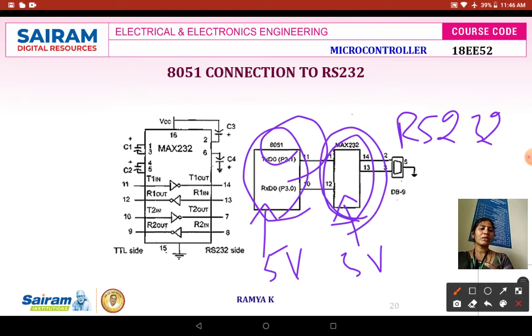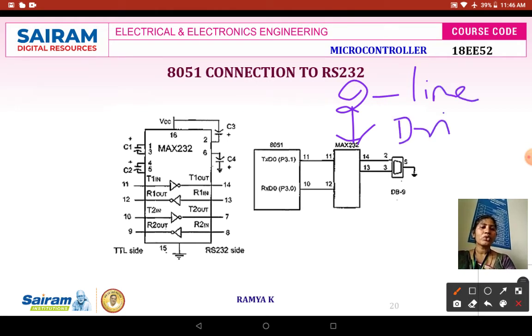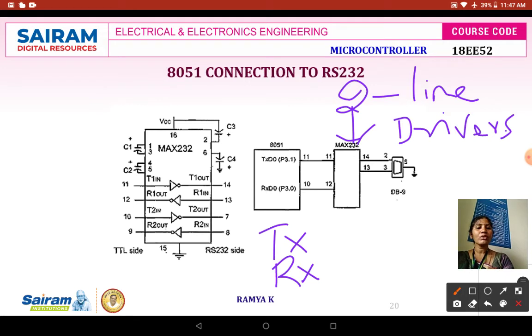This MAX232 has two sets of line drivers. Why two sets? One for transmitting the data and the other for receiving your data. So your MAX232 needs to be supplied with a separate power supply of 5 volt.